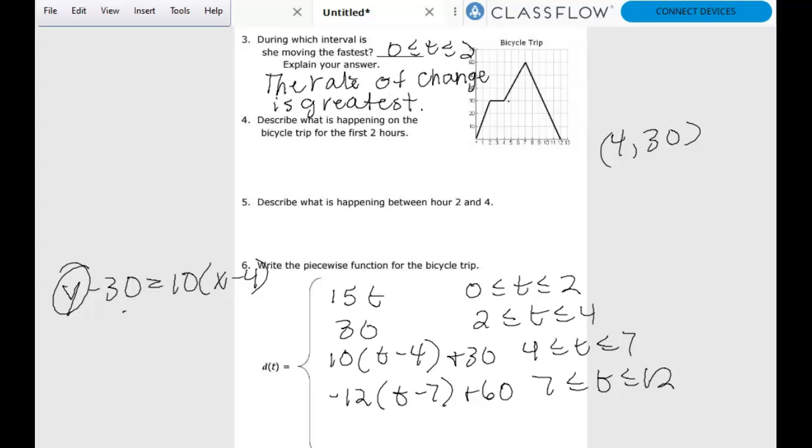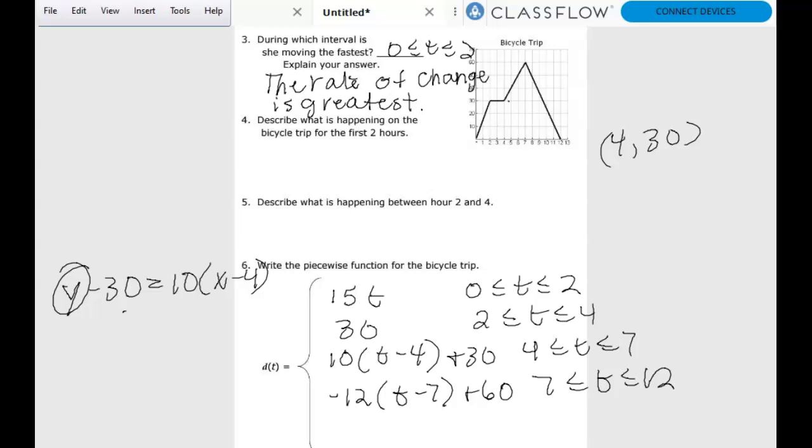So what's the difference between saying her distance was constant and her distance isn't changing? At a constant rate, right? We're not having any change. So it is constant, there's no slope change, but if we're describing, the distance isn't changing at all. Does that make sense? You better have sentences on your paper.